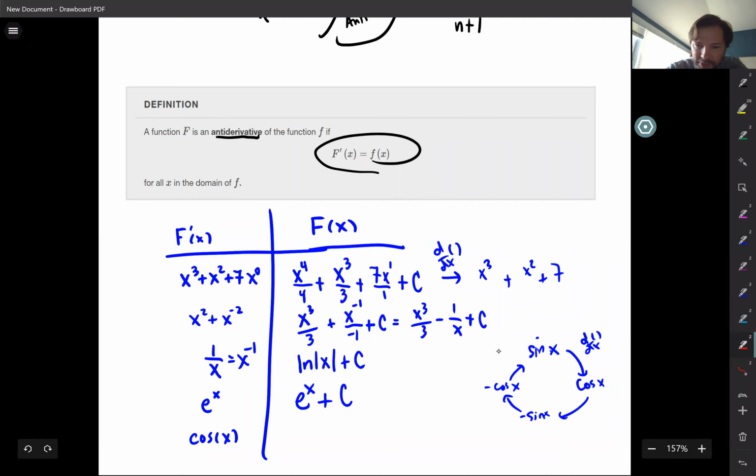And so to go the other way, for the integral direction, or the antiderivative, let's just call it anti for now. I'll define the notation in the next video for what the integral or antiderivative sign is. We go the opposite direction. So taking the derivatives like clockwork, and taking the antiderivative is, well, counterclockwise, counterclockwork, anti-clockwork. So, okay, cosine of x should go to sine of x plus c. And then if you take the derivative again, you end back up at cosine of x.